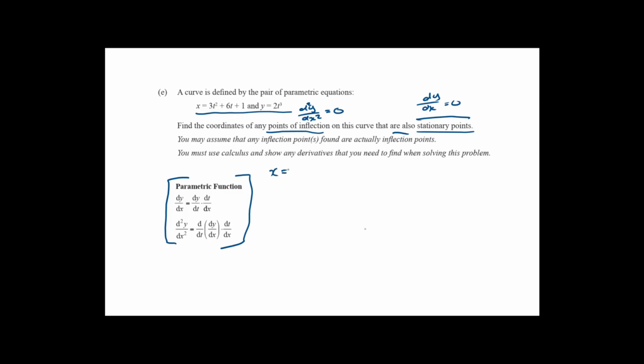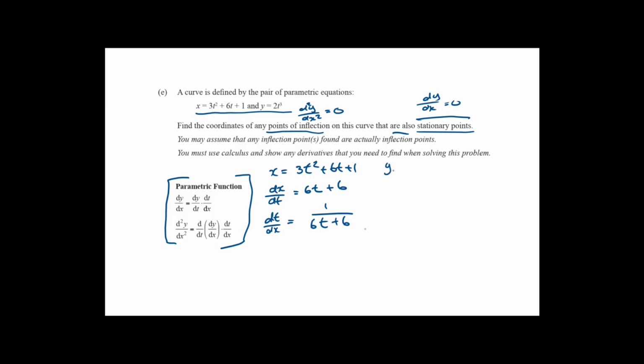So if x is 3t squared plus 6t plus 1, then dx/dt is going to be 6t plus 6. Does that help us find what dt/dx is? Yeah, it does, because dt/dx is 1 over that. Right.